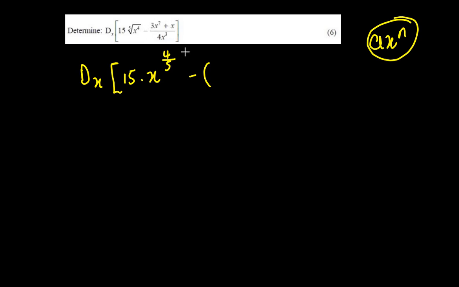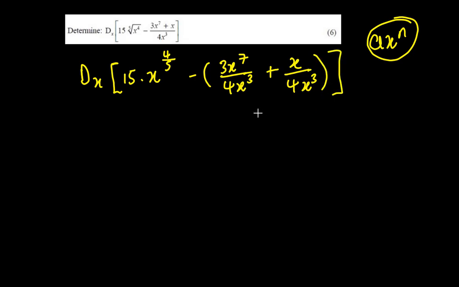So I'm going to use a bracket and say I have 3x to the power 7, all divided by the denominator, which is 4x to the power 3, and then plus x divided by 4x to the power of 3. Then we close the big bracket. Now remember, I'm still simplifying. I have not applied the rules, so that's why you see it written in yellow there.